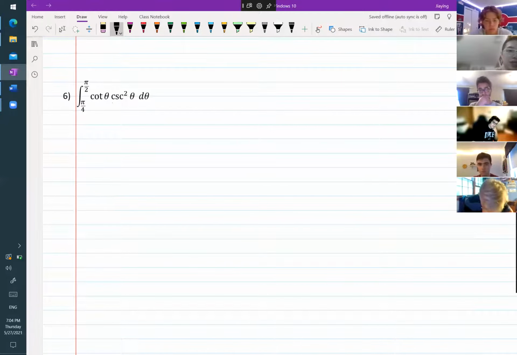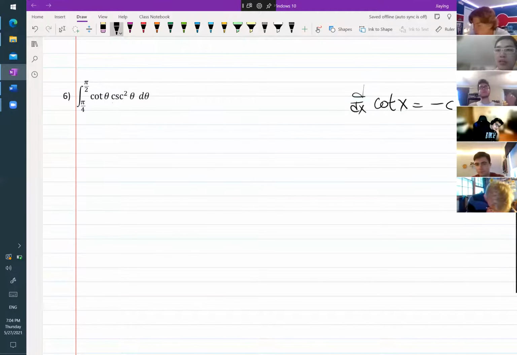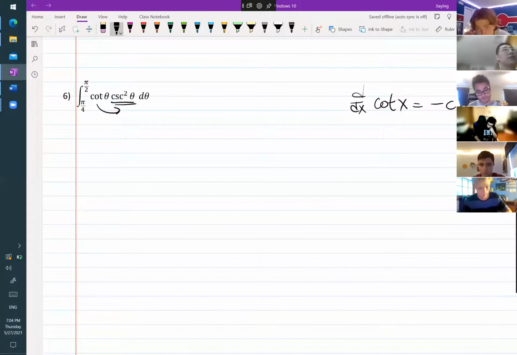There are a couple ways you could approach this. If you recall that d dx of cotangent x is equal to negative cosecant squared x, that's something you probably have come across before. So this part, even though it has a square, is actually the derivative of the first term. So that's one way.